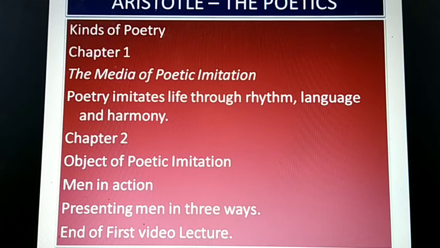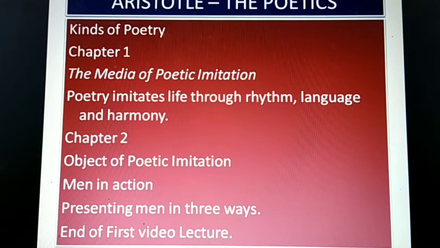There are some arts which use all the media, like the shape, the color, and the voice, or rhythm, music, and formal meter, for example the dithyrambic or the nomic poetry.